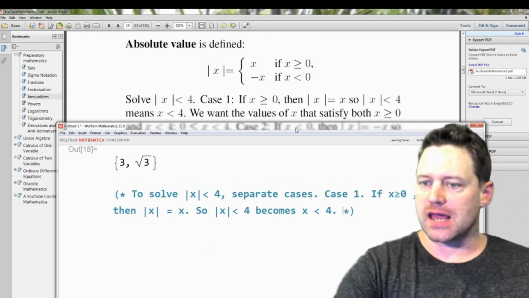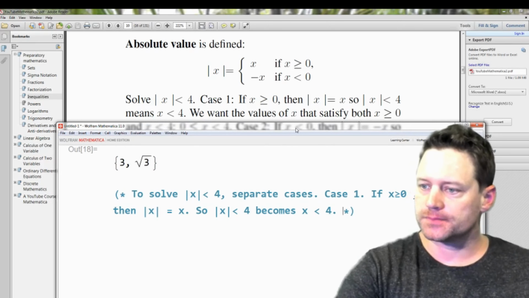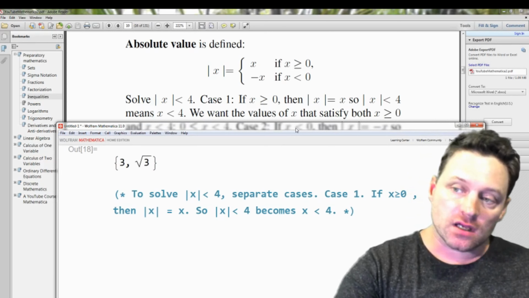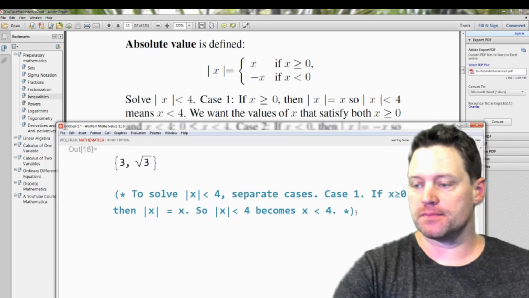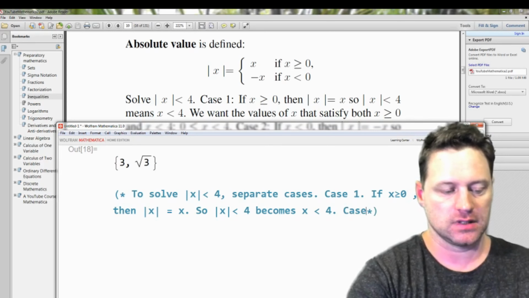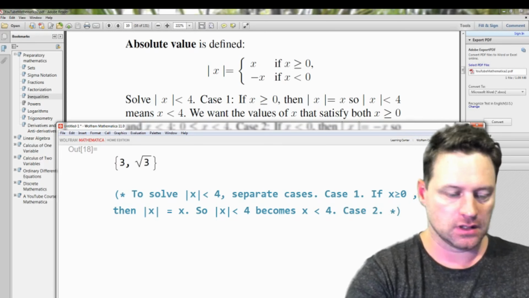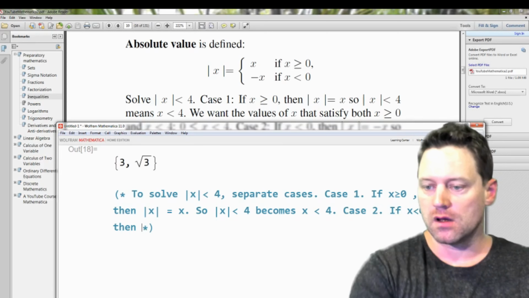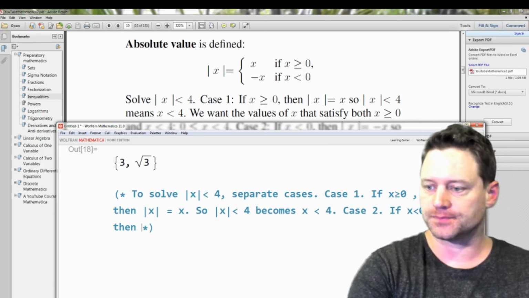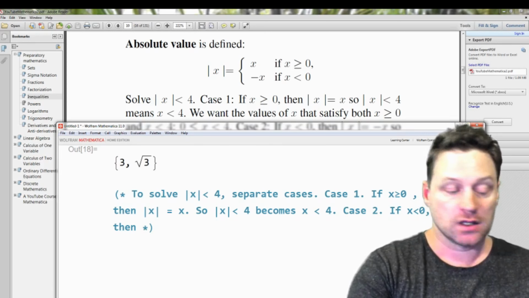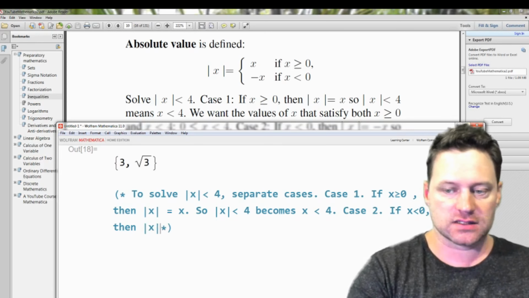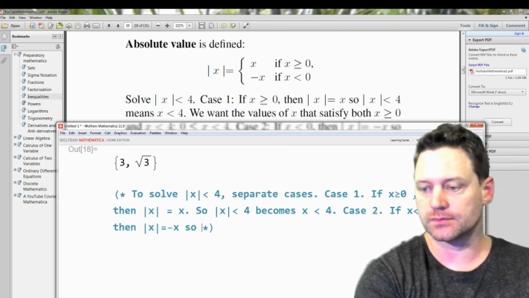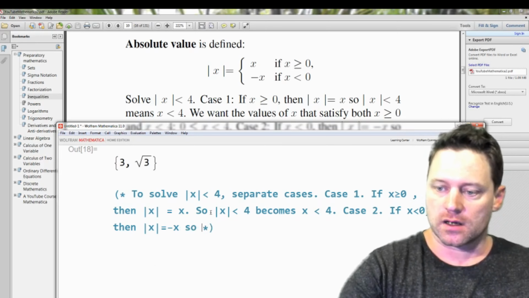That other case is if x is negative. So case 2, if x is negative, then the absolute value of x is equal to minus x. I can copy now.